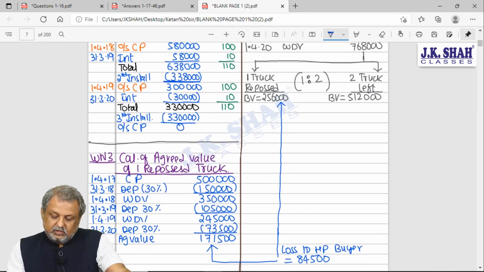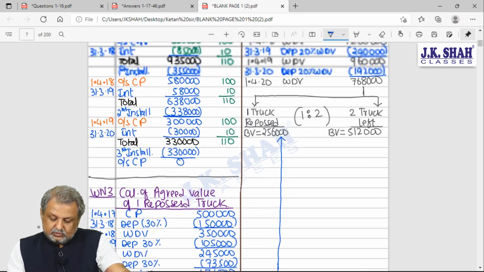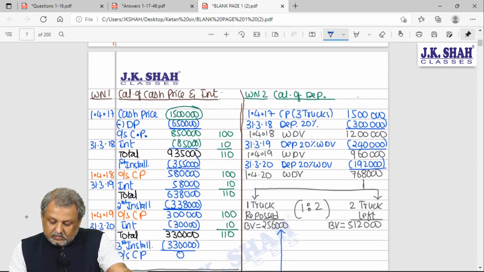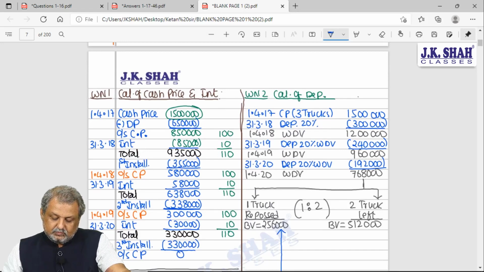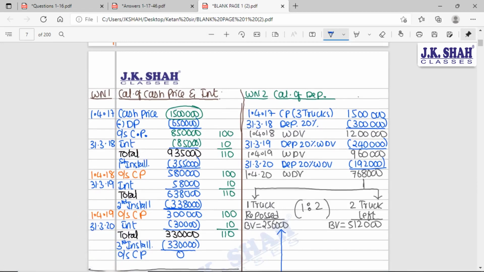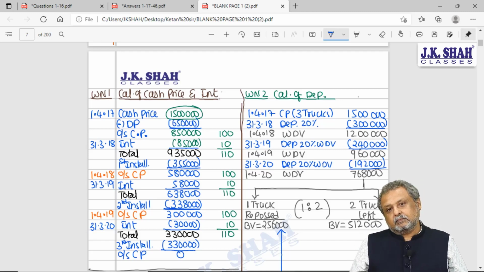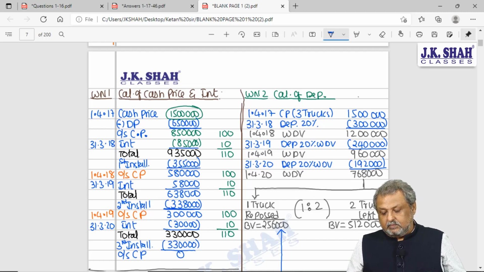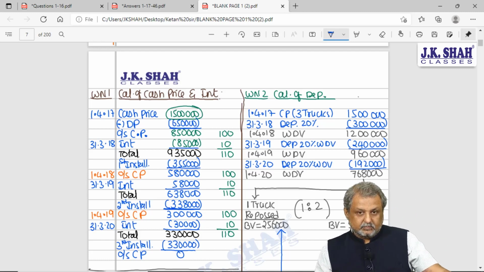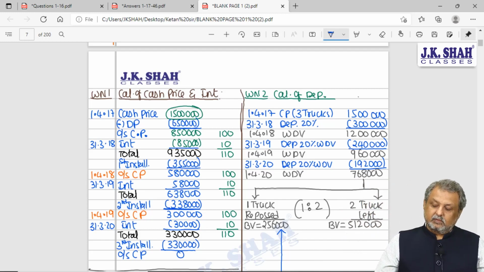Look at the 3 working notes. First, this 2. I will take 1 second gap here. Then 1 second gap.